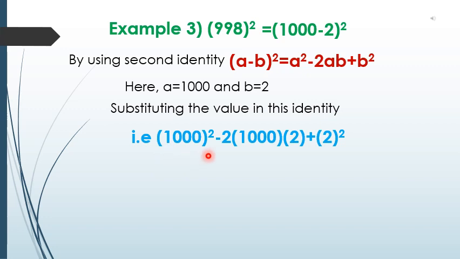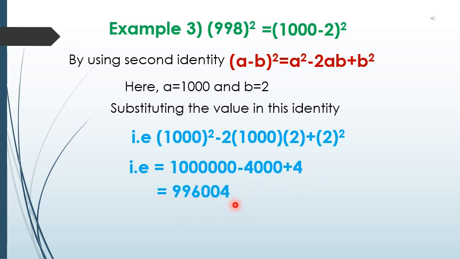Here the middle term, 2 into 2 is 4, into 1000 is 4000, plus 2² is 4, that is equal to 10 lakh - 4000 + 4, which is equal to 9,96,004. Therefore 998² is equal to 9,96,004. This is our final answer.